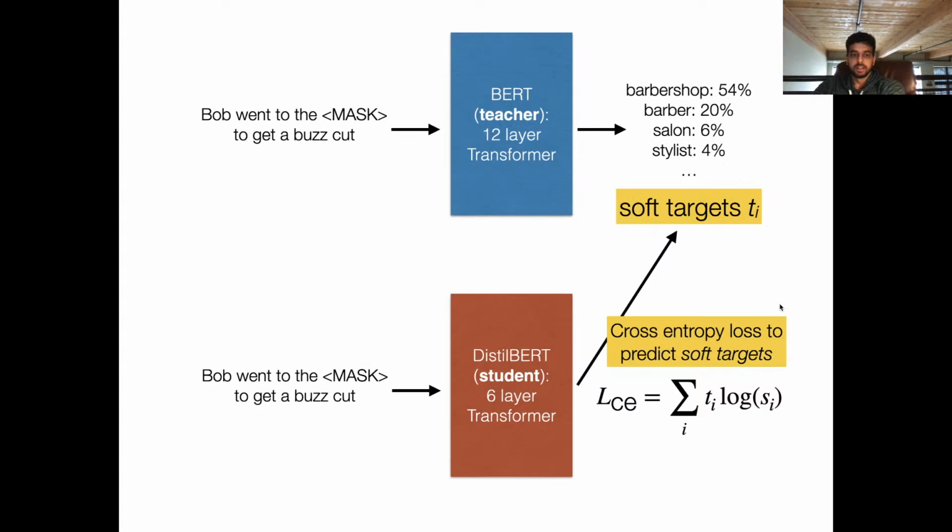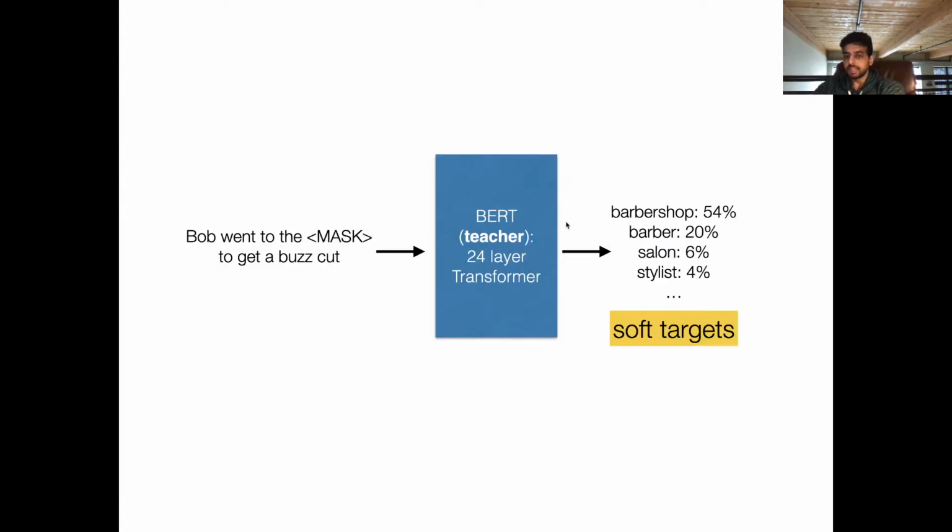So now if I have a student model, instead of predicting barbershop with 100% probability, I'm instead going to predict this entire distribution that comes out of the teacher model. So I want my model to produce 54% probability of barbershop, 20% probability of barber, 6% probability of salon, and so on, right? So this is very different than a one hot target where all of those components of the loss drop away except for the negative log probability of the correct word.